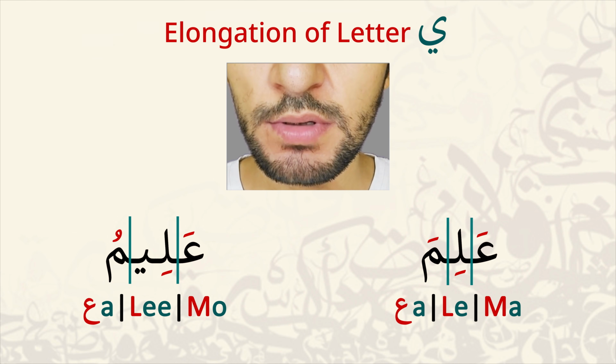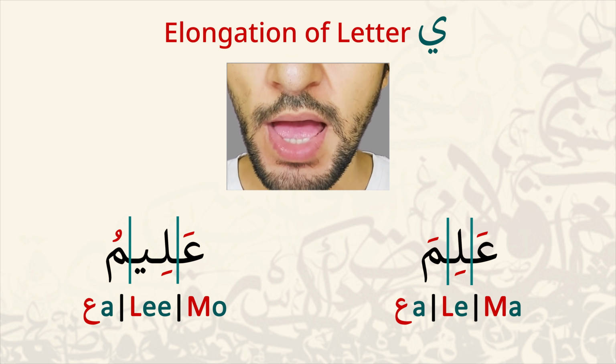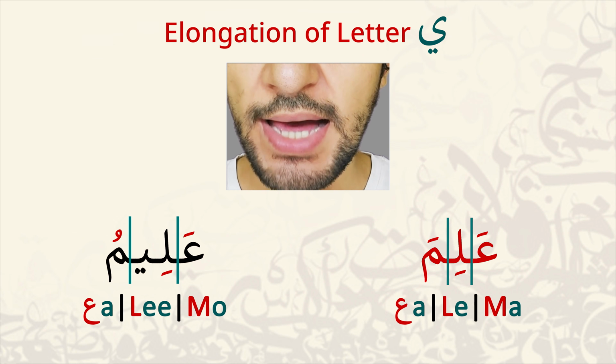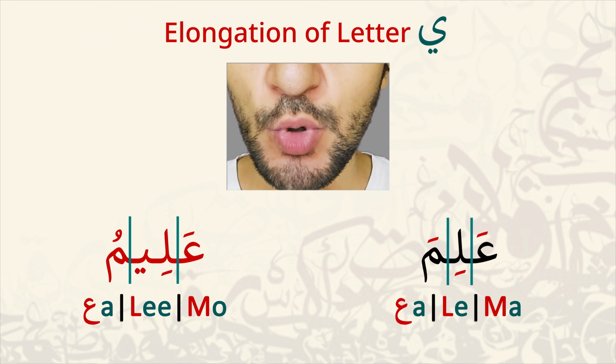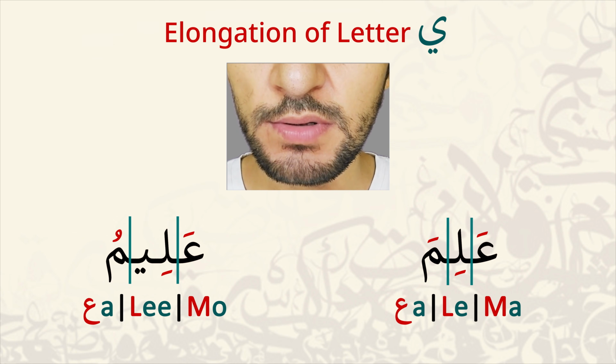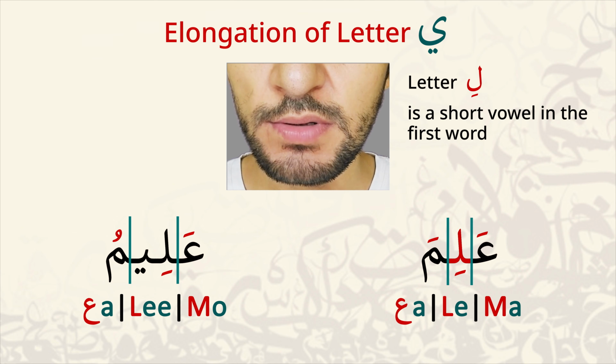Let's distinguish between the two words. Alima, aleemu. So the letter li is a short vowel in the first one and is a long vowel in the second. Alright, remaining now elongation with wa.